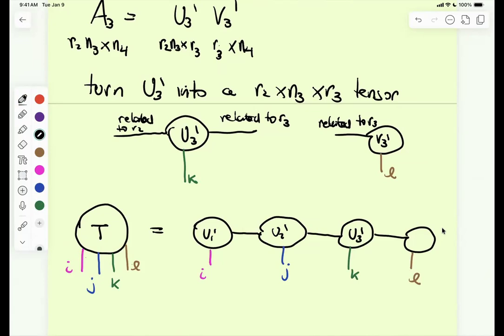These legs, where the sums are taking place, are called virtual legs or virtual indices, because they're dummy variables, being summed over. This one is related to R1, and this one is related to R2.